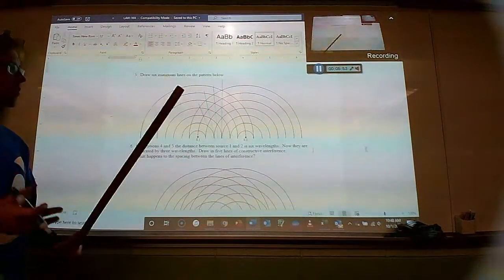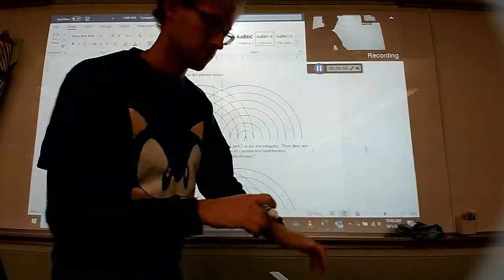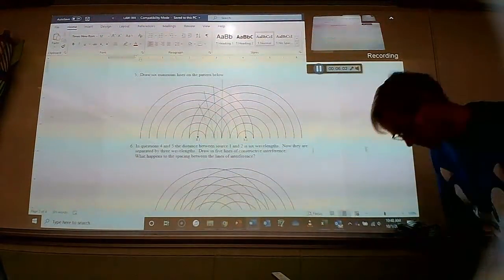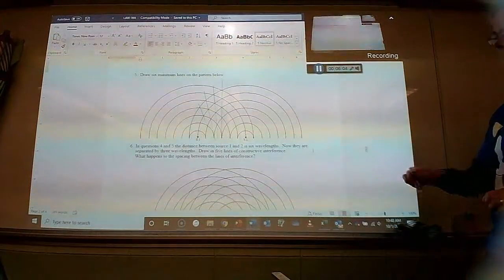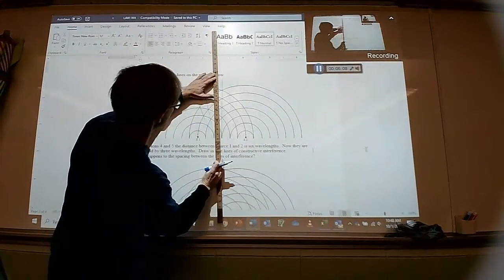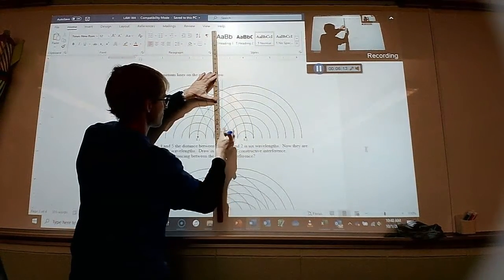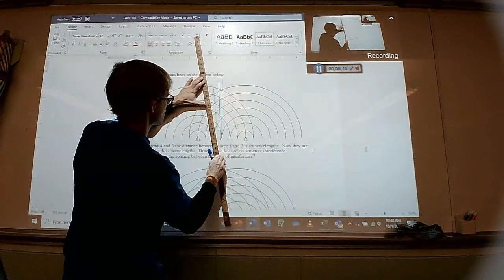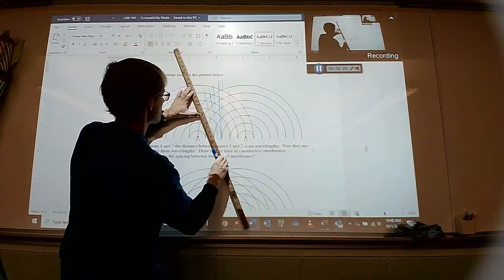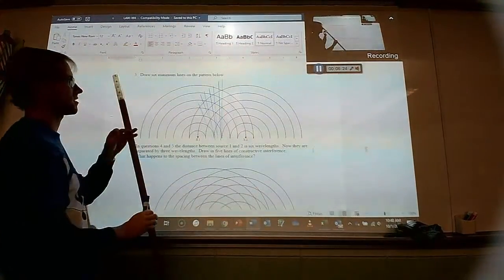And all you do to draw a minimum line is you just draw it right in between the maximum ones. So this is the sort of thing you would get.